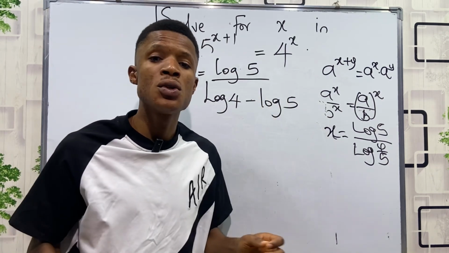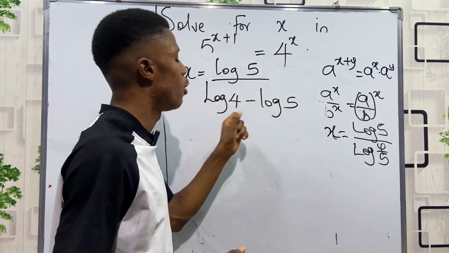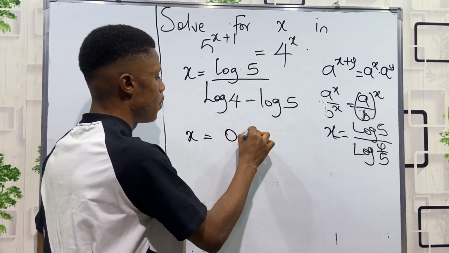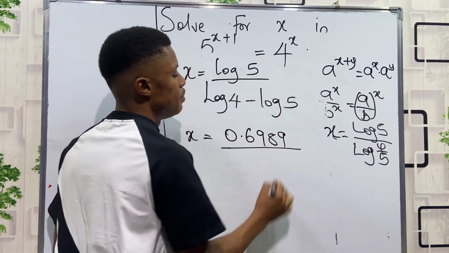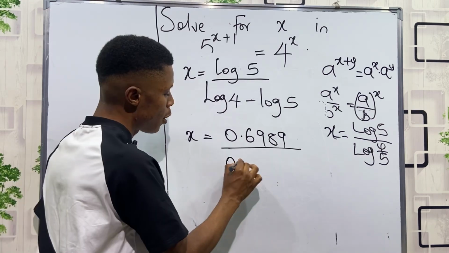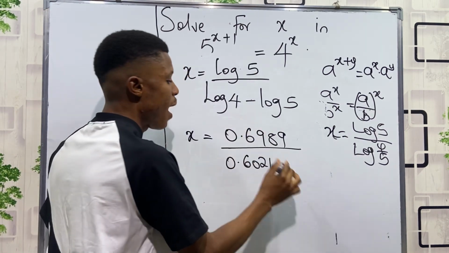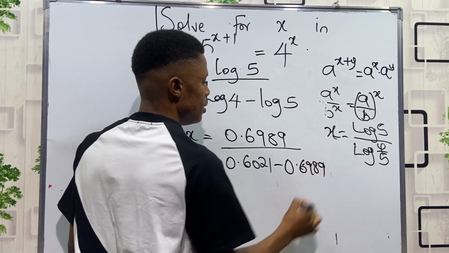So we are going to use our calculators to get the exact value. Log 5 is 0.6989, divided by log 4, 0.6021 minus log 5, 0.6989.